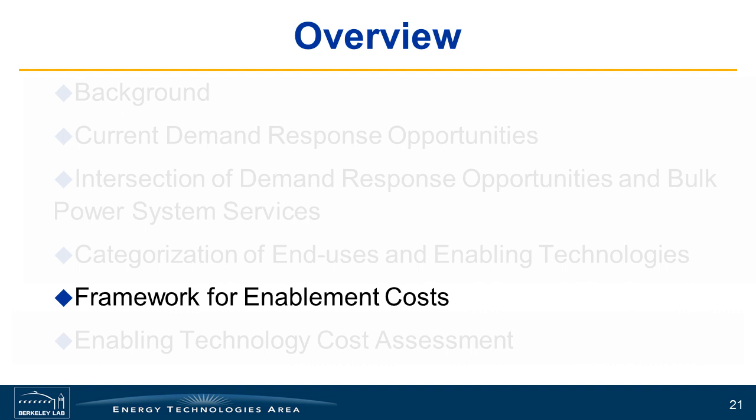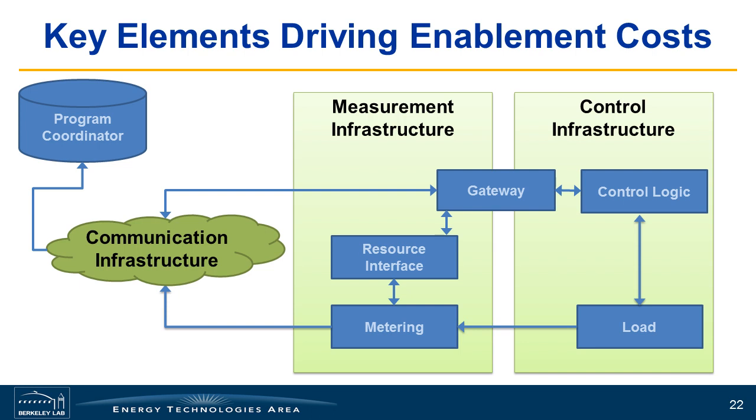Great, and now we get into the technical stuff, so please don't fall asleep on me. This is the key elements that drive enablement cost. This is a framework that we have developed and modified here at the lab, working closely with Marianne Piette and her research around AutoDR and OpenADR. We examined the three key elements here.